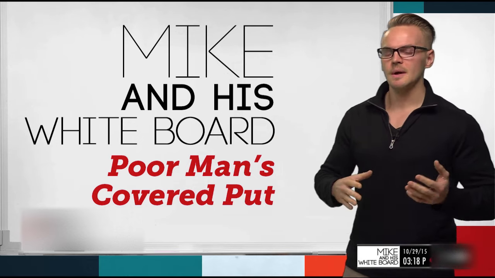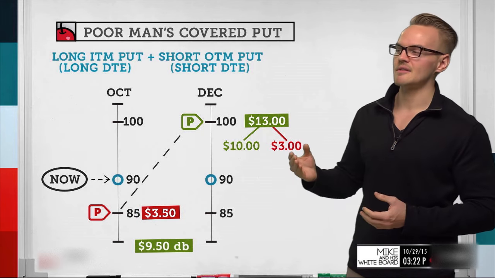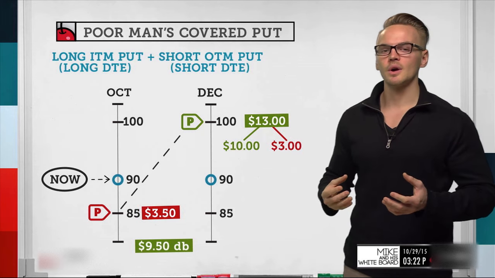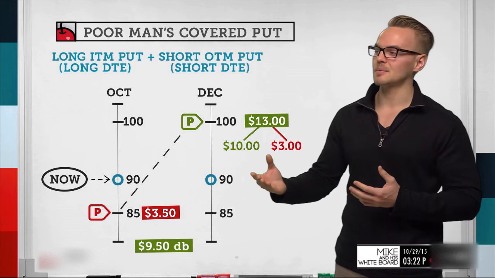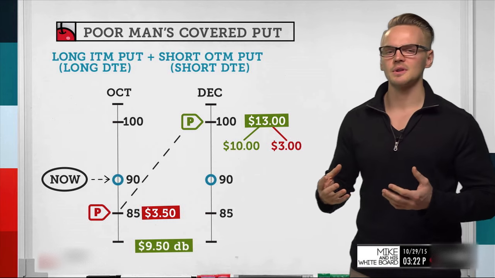Now, just like we talked about yesterday, what we like to do at tastytrade here is basically if we're going to deploy a strategy like this, we want to make sure that we know this number, this $3 value, so that we can cover that in the short option that we sell against it. Because at the end of the day, what we don't want to happen is for us to have a negative theta position where we're losing money if the stock price stays right here and nothing really goes our way.